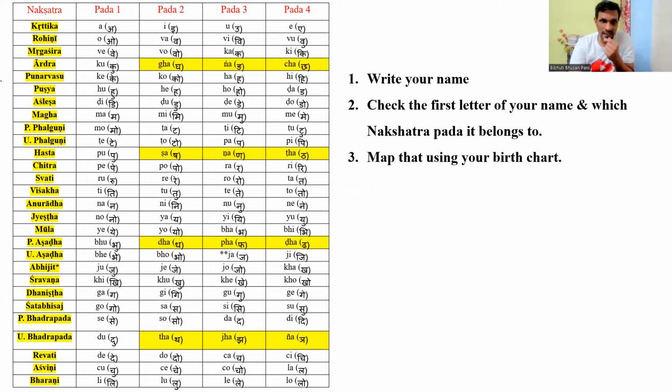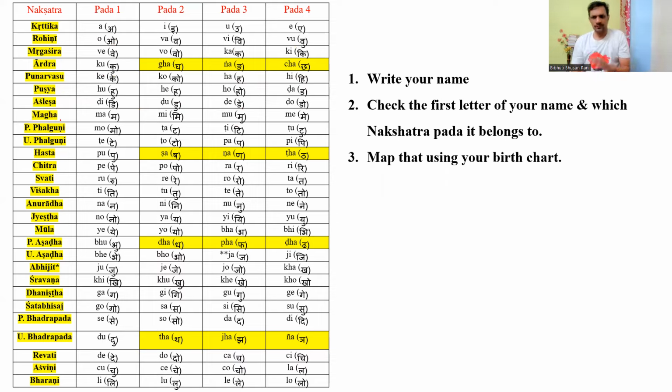Like Kritika nakshatra, first pada: I, U, A. Rohini nakshatra, first pada: O, V, B, Bu. Every nakshatra has four padas, and each pada has a particular kind of sound.